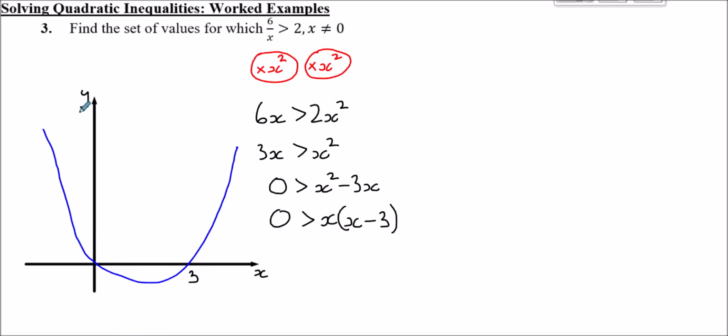So we're wanting this to actually be less than 0. And so this is going to be less than 0 where x is in between 0 and 3. That's where it's below the y-axis. And so the bit of this we're interested in is this range here. So therefore the solution here is that x is between 0 and 3.